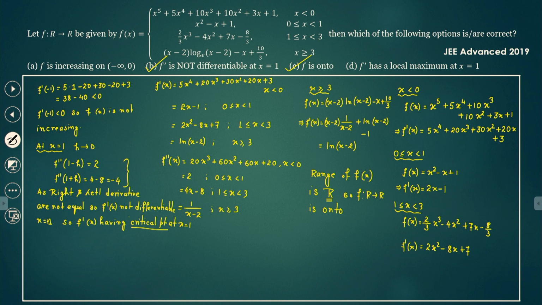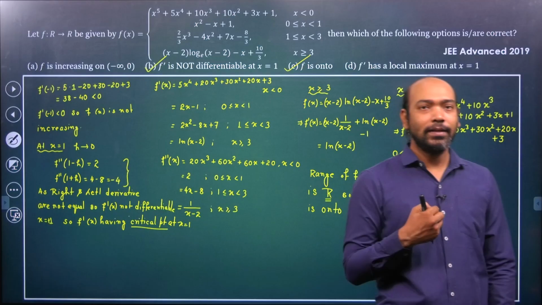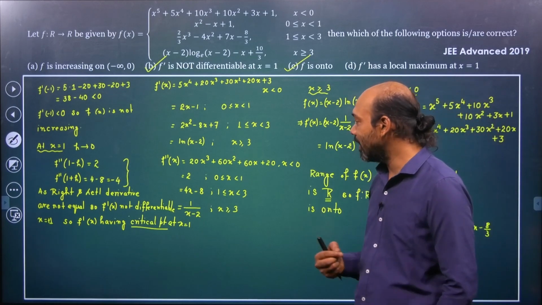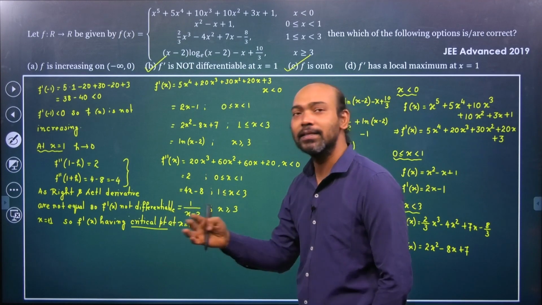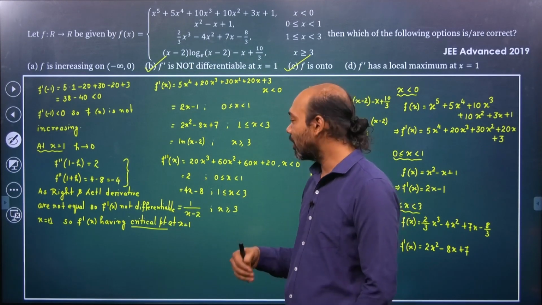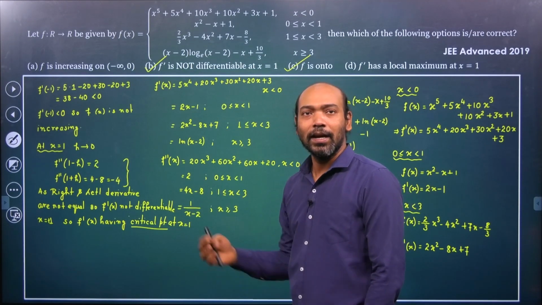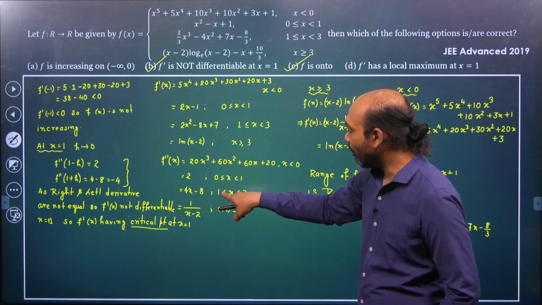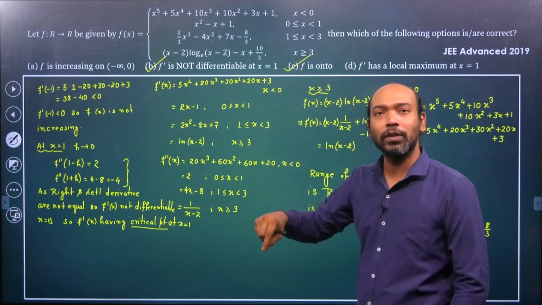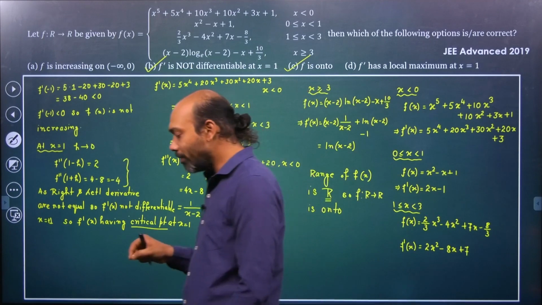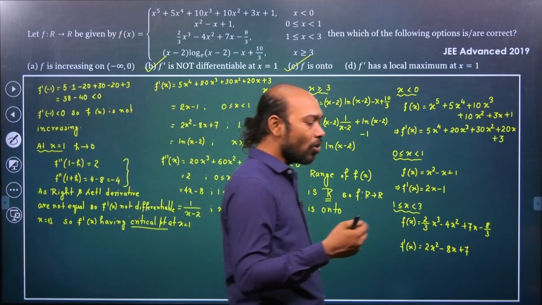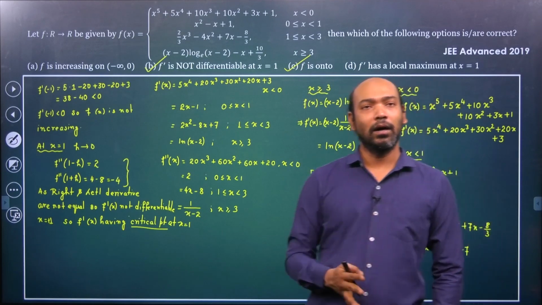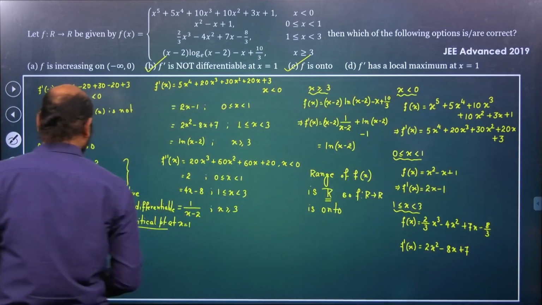Now when it's a critical point, we can test what will happen. If I substitute f double dash 1, we do not find that it is greater than 0 or less than 0, right? So we can't say that directly. We can go for the first derivative test. It's always better in this kind of problem, when f double dash doesn't exist at a critical point, to use the first derivative test.